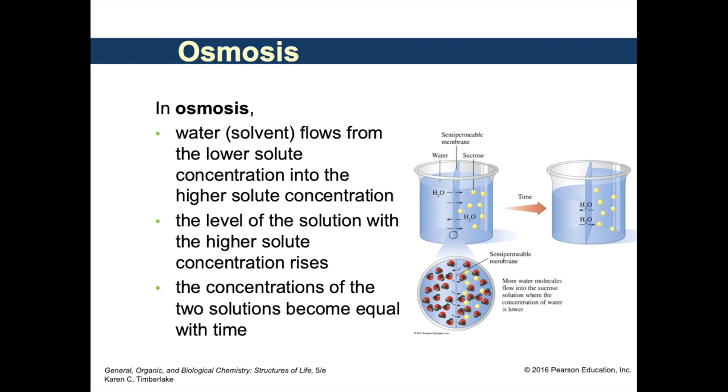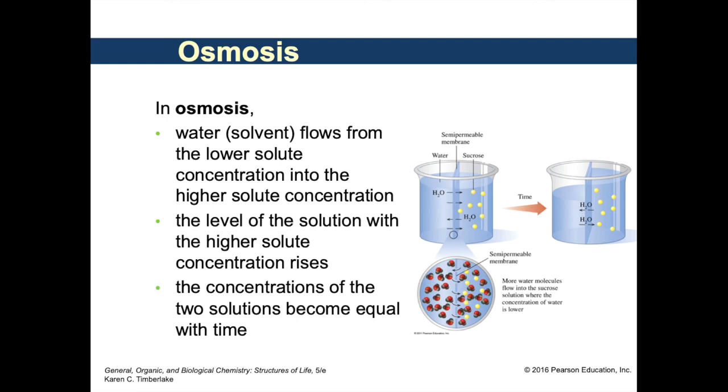Just to jog your memory if you haven't heard of diffusion in a while, diffusion is the movement of material from a higher concentration to a lower concentration through a semi-permeable membrane. So if you have your water moving from one region to another, that's what osmosis is.